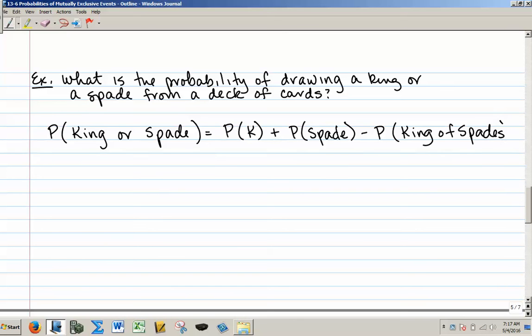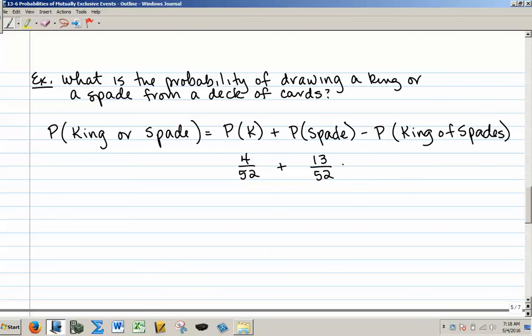And here's the idea why. As I count my kings, that's going to give me 4 out of 52. And then when I count my total spades, that's going to give me 13 out of 52. But in my kings, I've counted the king of spades. Here in my category with the spades, I've also counted the king of spades.